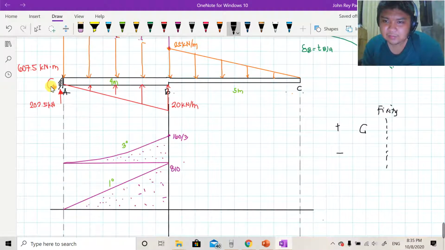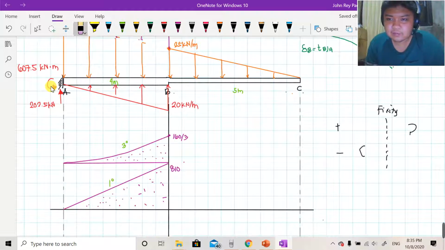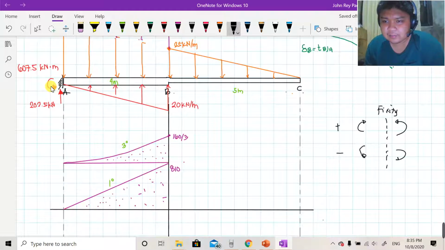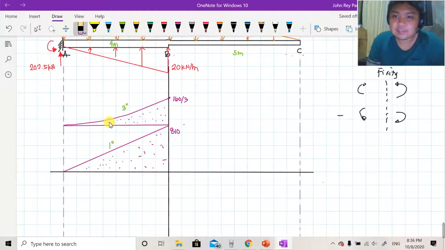Positive, negative, counterclockwise, clockwise dito, baliktad, sorry. Kapag positive, dapat ganito yung mga itsura ng moment. Kapag negative, pag ganito. So, sa case natin, yung moment ay nasa kaliwa ni B, and since titingnan natin yung nasa kaliwa, ang counterclockwise is negative. Okay? I hope walang nalilito na dito.